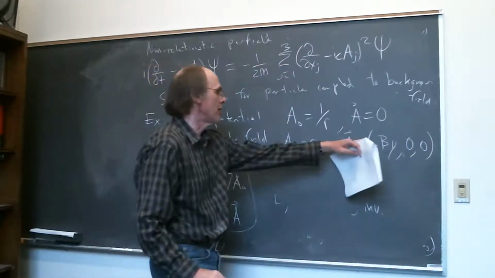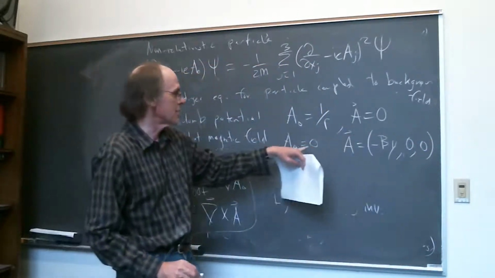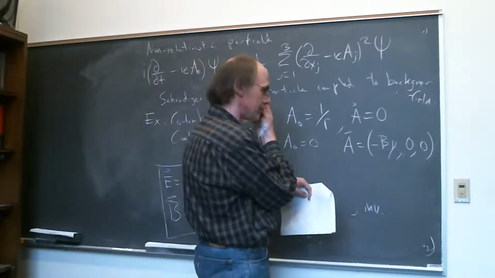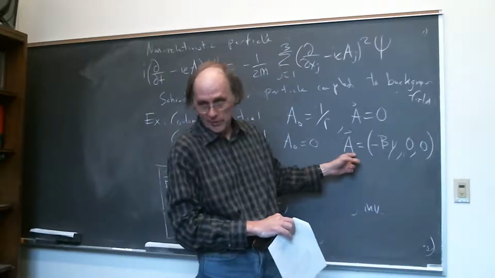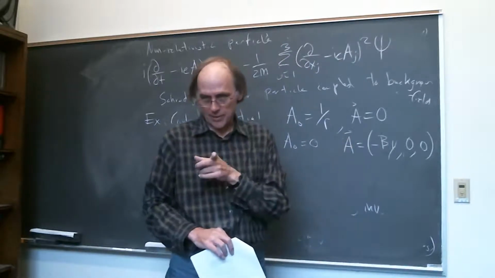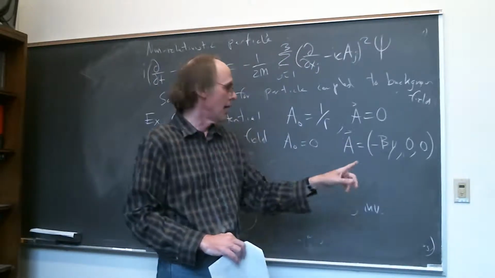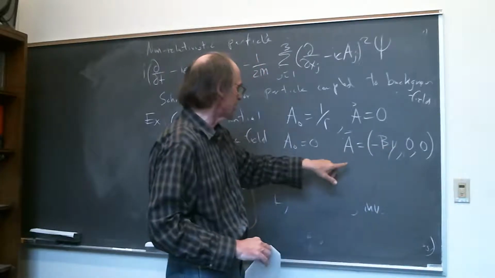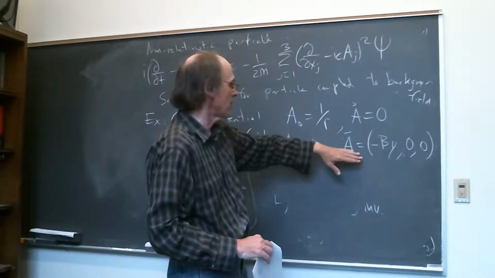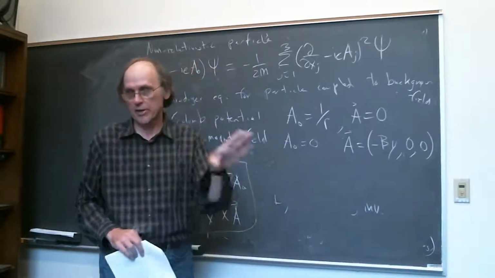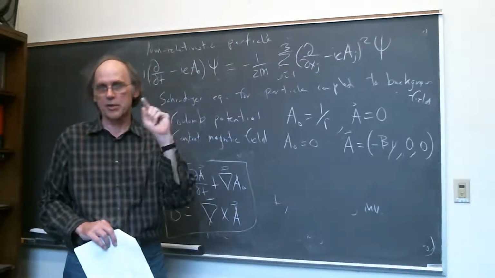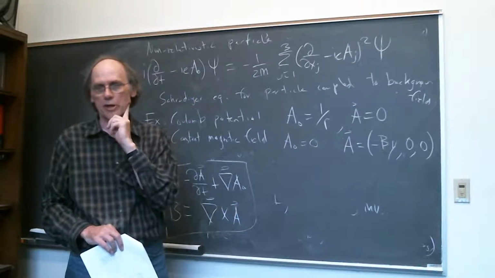If you take the curl of this, you get a constant field in the z direction. So this corresponds to electric field 0 and a magnetic field that is just constant in one direction.